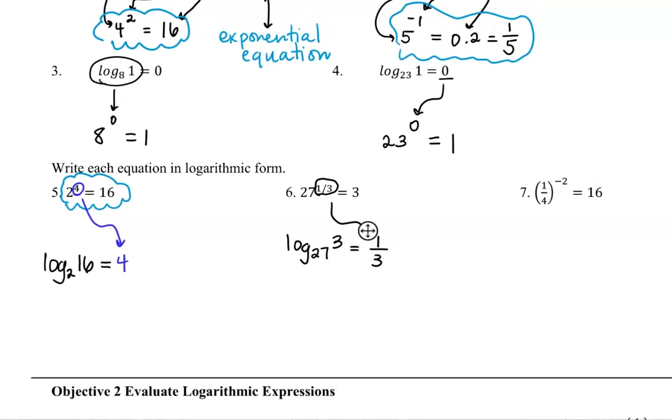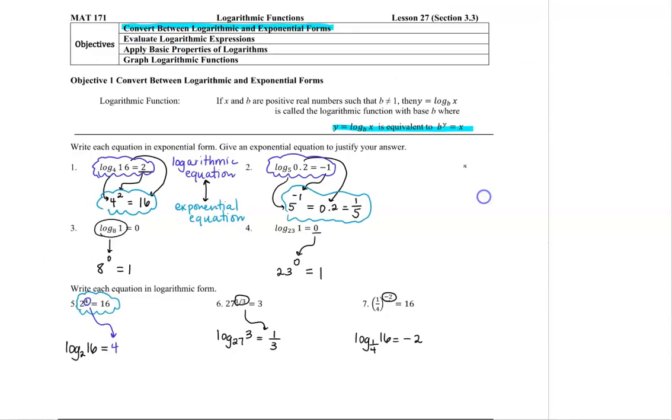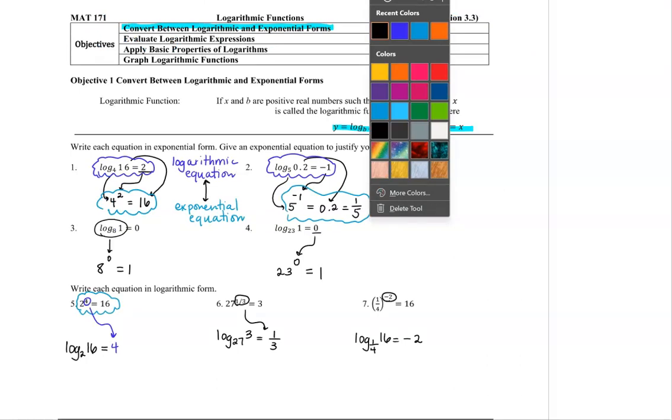Similarly, in example 7, if the exponent in this equation is -2, that means that -2 is the exponent that went on the base of 1/4, which will be the same base of the logarithm, in order to give us 16. So far we have covered our first objective.